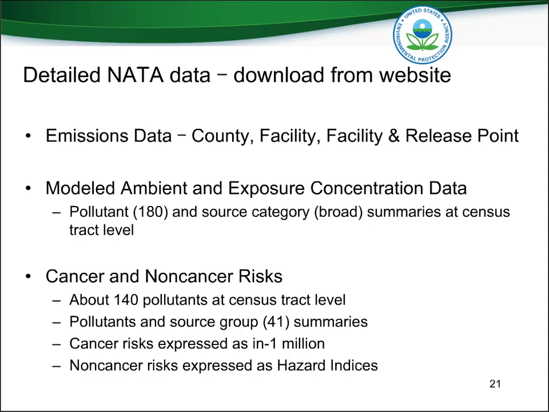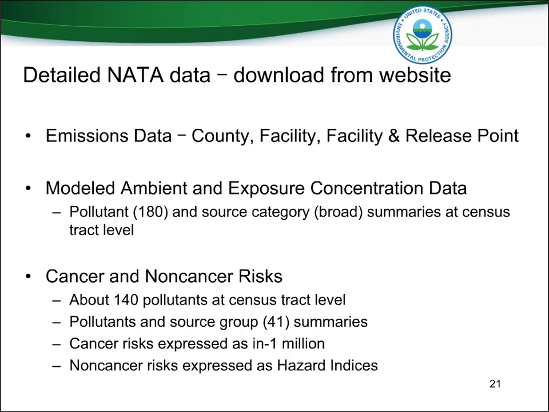So the next slide goes over some of the data that you can find on the NATA website, starting with emissions data. You can get the emissions data at the county, at the facility, and all the way down to the facility release point.